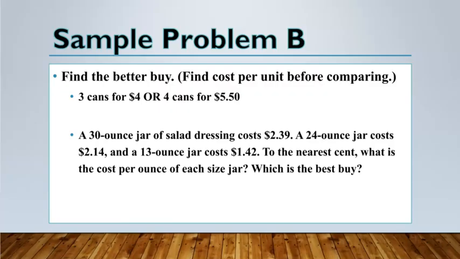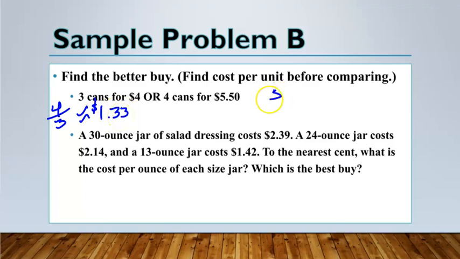Next, 3 cans for $4 or 4 cans for $5.50. Well, if you have $4 and you're getting 3 cans for it, that's 4 divided by 3, which would be 1.3 repeating. So this would be roughly $1.33.